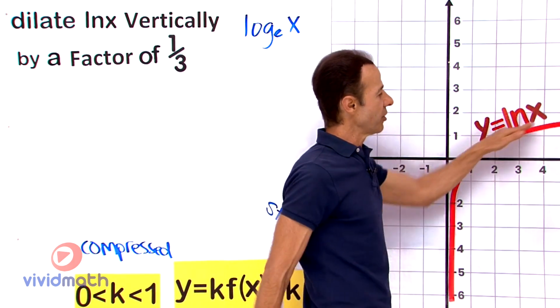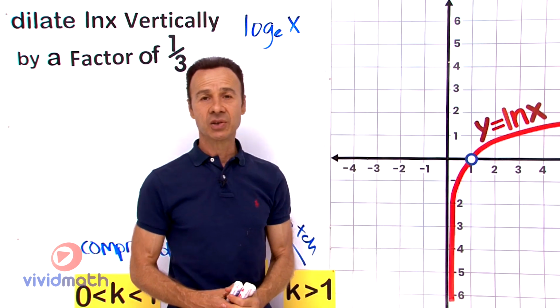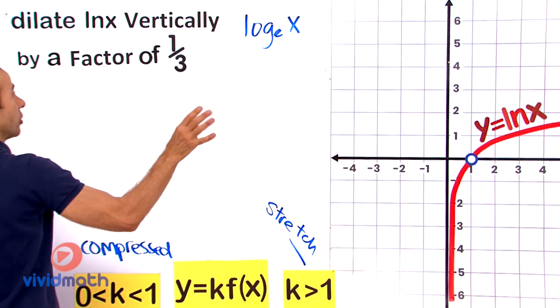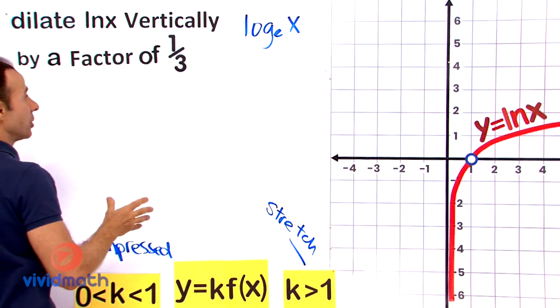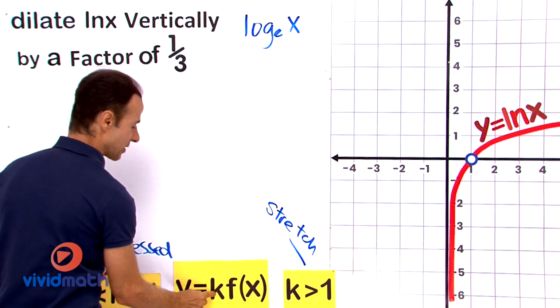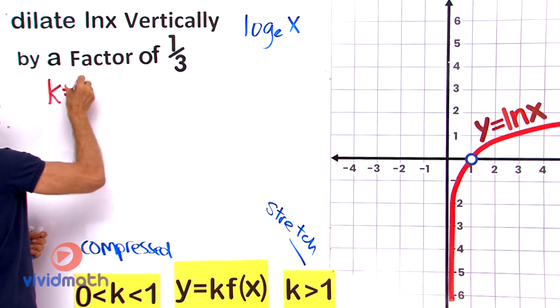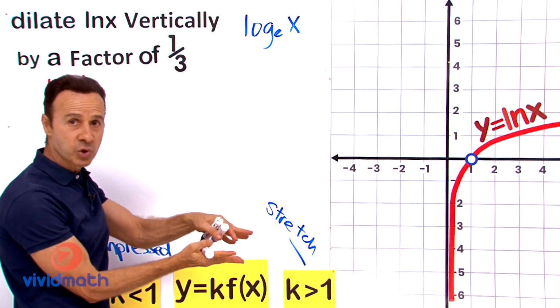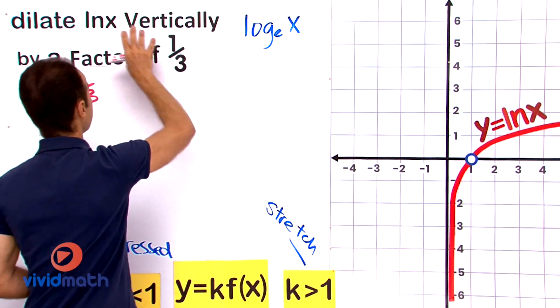So right now we've already got the function ln x or log base e of x already drawn. This is the trajectory, the way it looks, and it cuts through the point (1, 0). Now what we want to do is come up with the dilation of this by 1/3. So the 1/3 is the k right there. So we can write down k equals 1/3. We know it's going to be compressed, so it's going to be more squashed, and it's going to be part of the ln x.